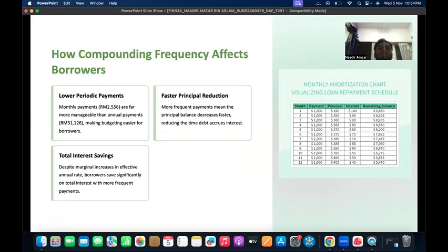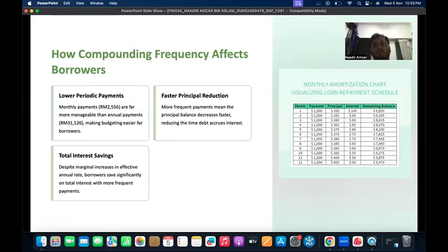This helps borrowers when payments are made monthly instead of yearly. The payment per period is much lower, for example, 2,556 per month instead of 31,126 per year. This makes it easier to manage household budgets. It also helps the principal amount reduce faster since the payments are smaller but more frequent.